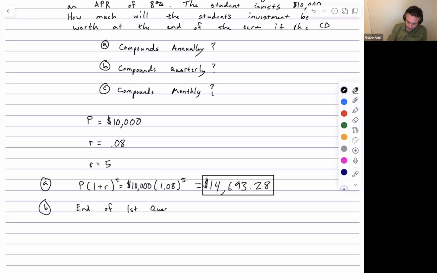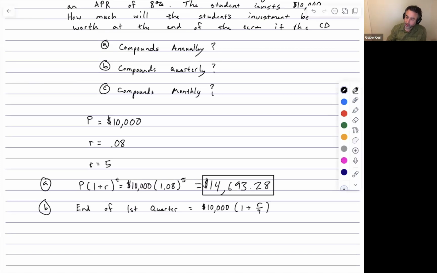How much is the investment worth? There, we have our initial investment, and it's going to be 1 plus not the rate. In the annual case it would be the rate per year, but now we're going to have the rate per quarter.